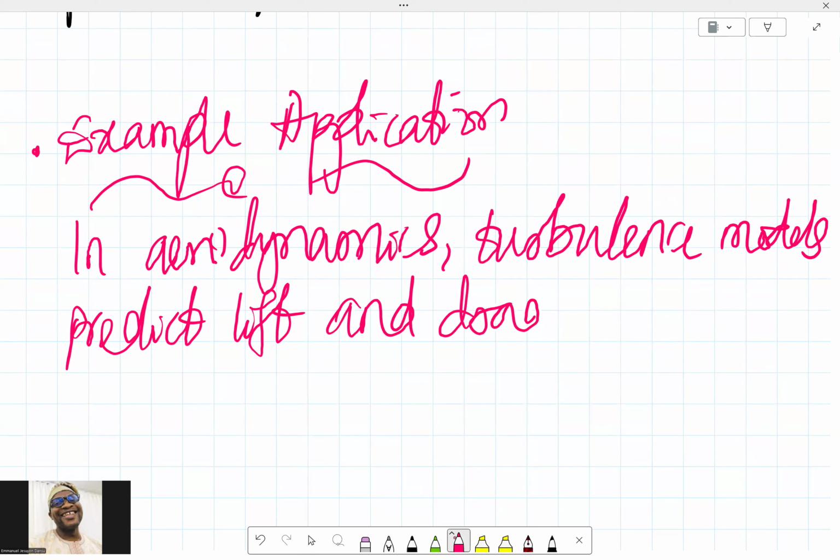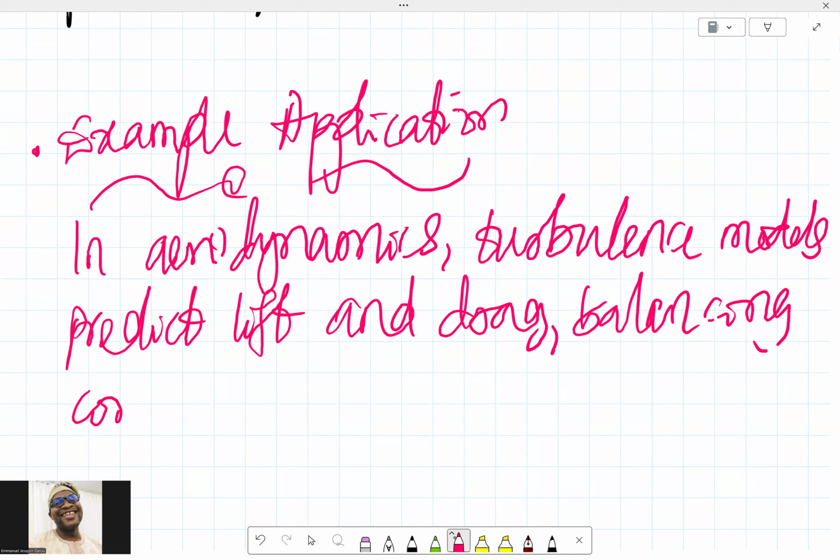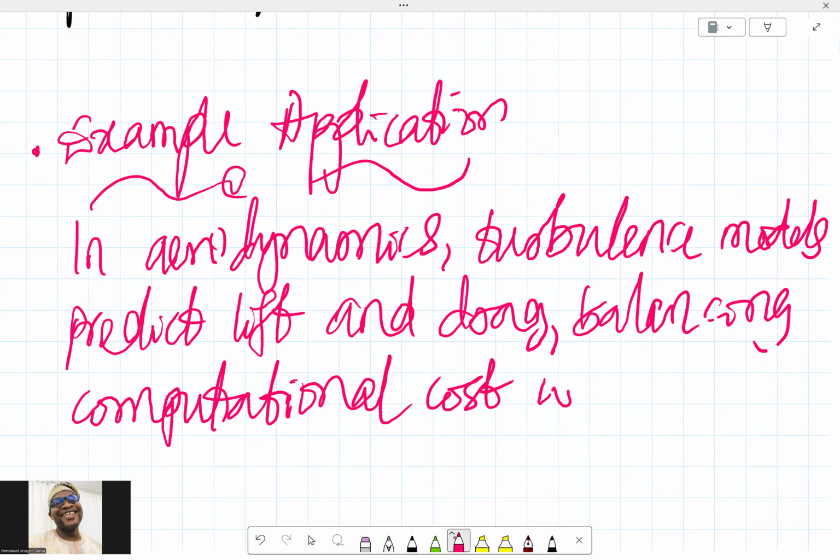So these are ideas in aircraft navigation, balancing computational cost with accuracy.